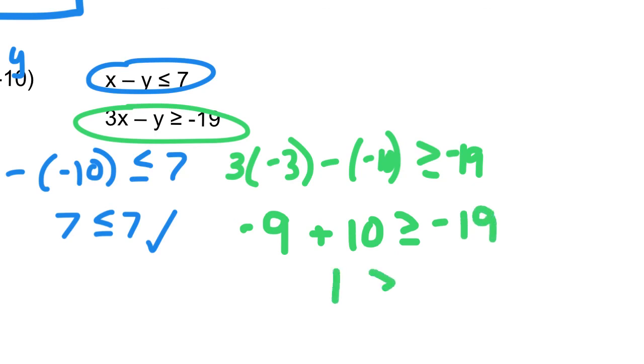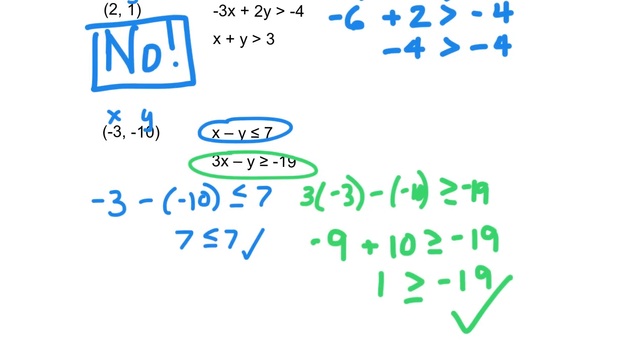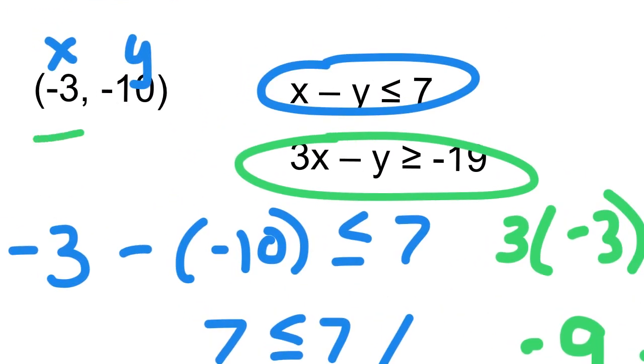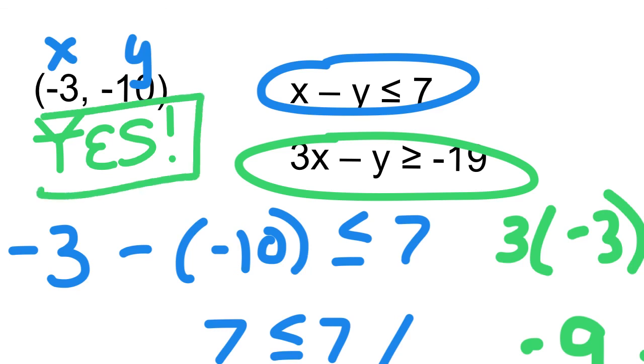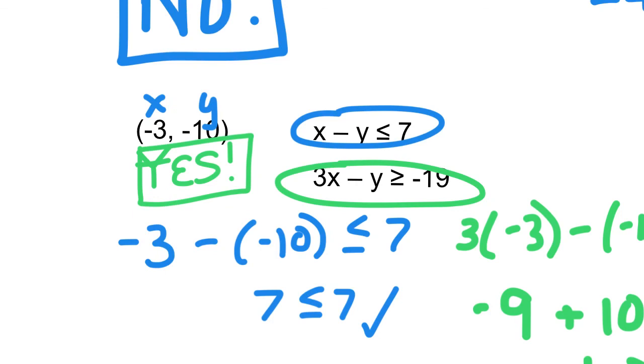So that would be 1 is greater than or equal to -19. Well, that is also true. So since this point satisfies both, then yes. Let's turn that into a yes. Yes, it does satisfy this system of inequalities.